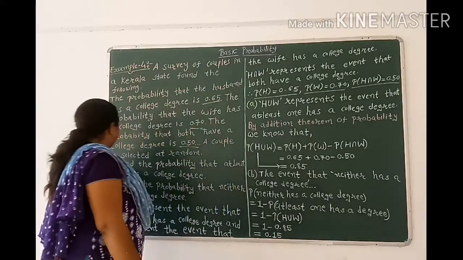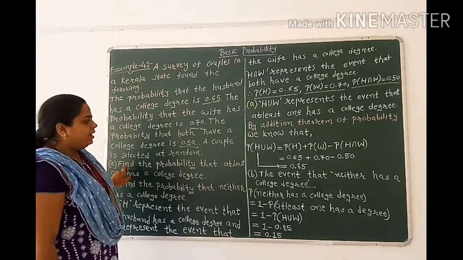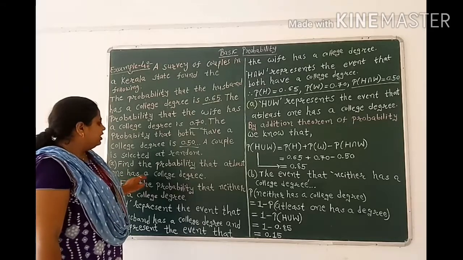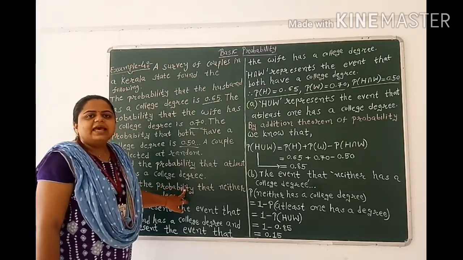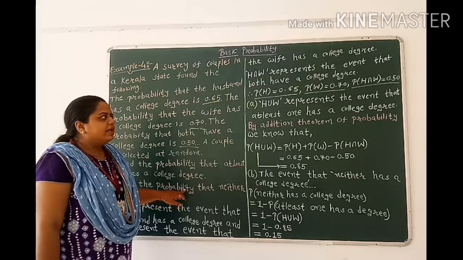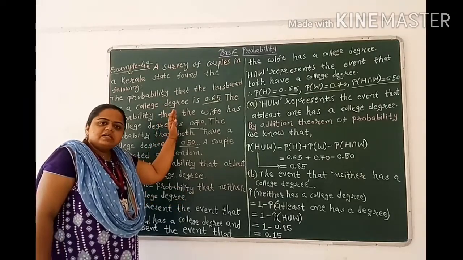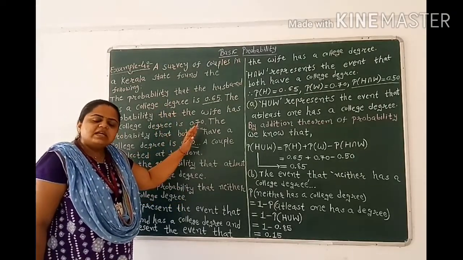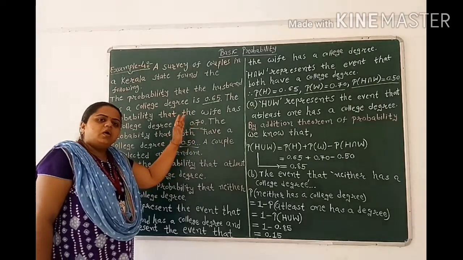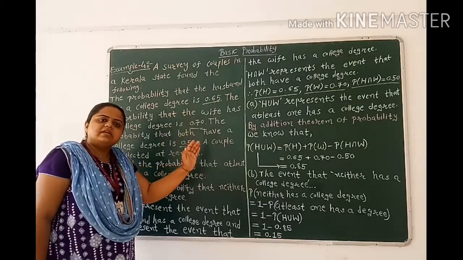Now we have to find the probability that at least one has a college degree. At least one means the husband has a college degree, or the wife has a college degree, or both have a college degree.